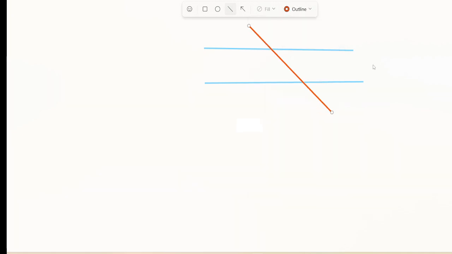Then we need to do parallel lines and all. If there are two lines which are parallel, like this line and this, and then there is a third line which is cutting these two lines, this is called a transversal.